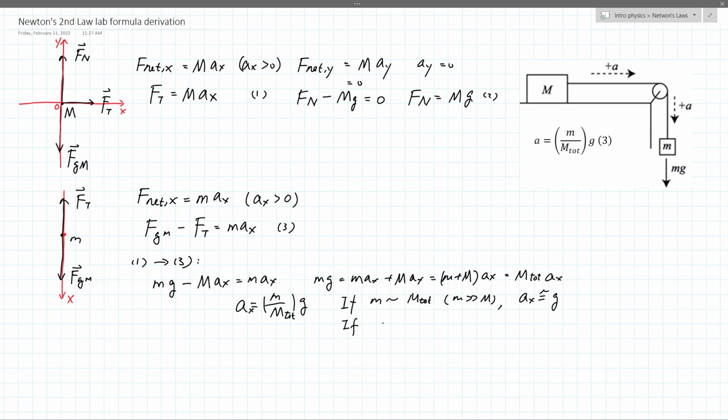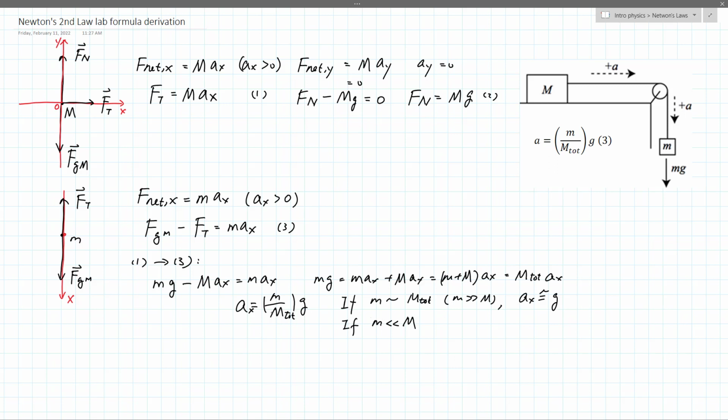But if we have the other case, m is much less than capital M, which is our case for our lab, this is going to be over 600 grams. This is only a few dozen grams up to about 45 grams, so not even 10% of the 600 at its maximum. So we have this case.